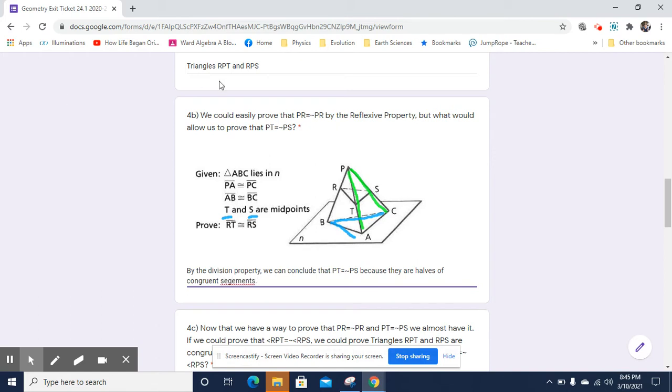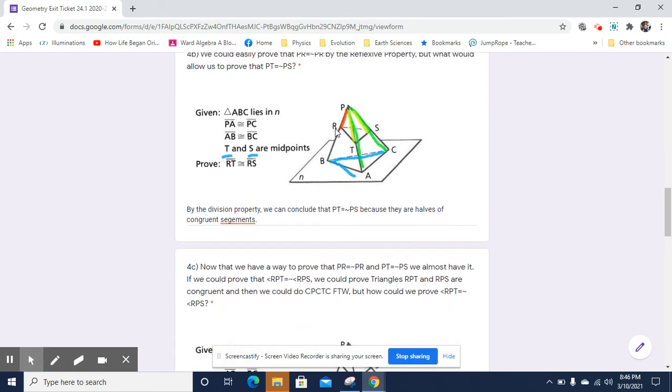Okay, so now we can prove that PT and PS are congruent, and we already could prove that PR is congruent to PR. So now we have a side and a side. Cool, that's useful. We don't have enough.